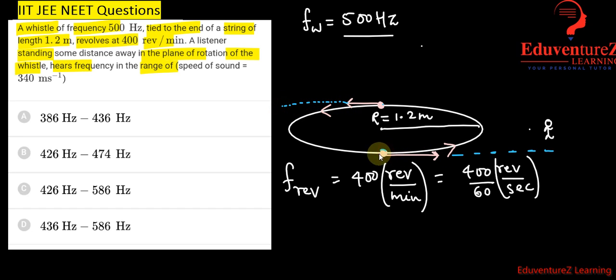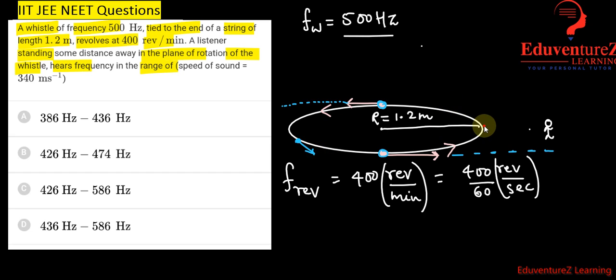So here the person will experience the maximum frequency, and when the whistle is at this point, the person will experience the minimum frequency. We will not take any other points besides these two points, because at every other point the direction of the sound will be altered.